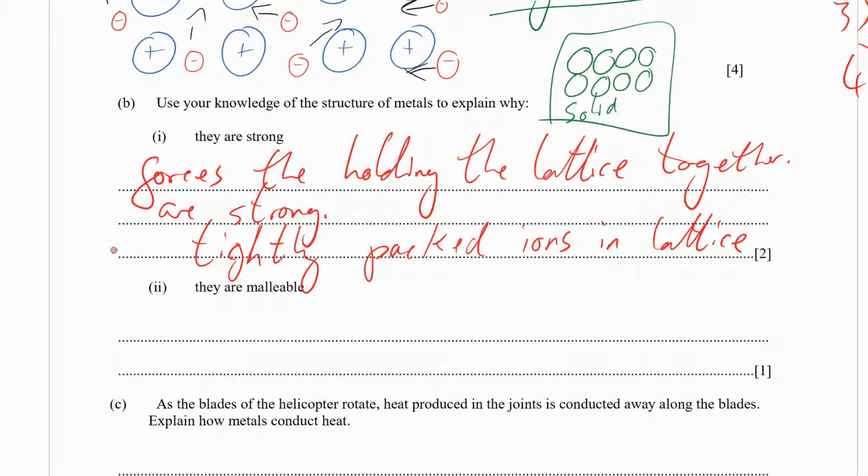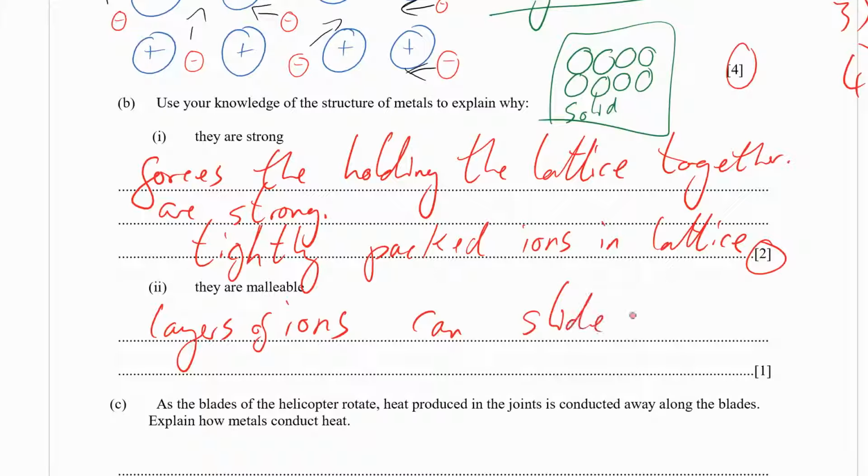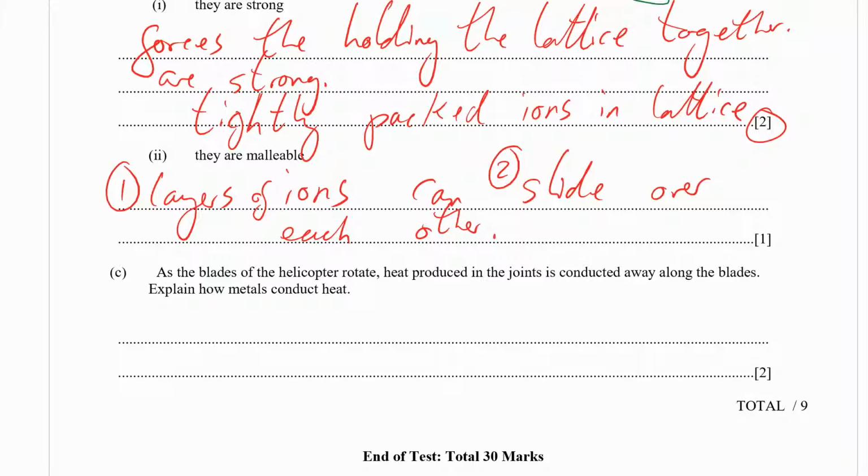Okay, 2 marks. Do always look at the number of marks and see what they're worth. Explain why they are malleable, and this is quite simply layers of ions as you've represented in the diagrams. Layers of ions can slide over each other. Okay, so that's mark 1, and slide over each other is mark 2.